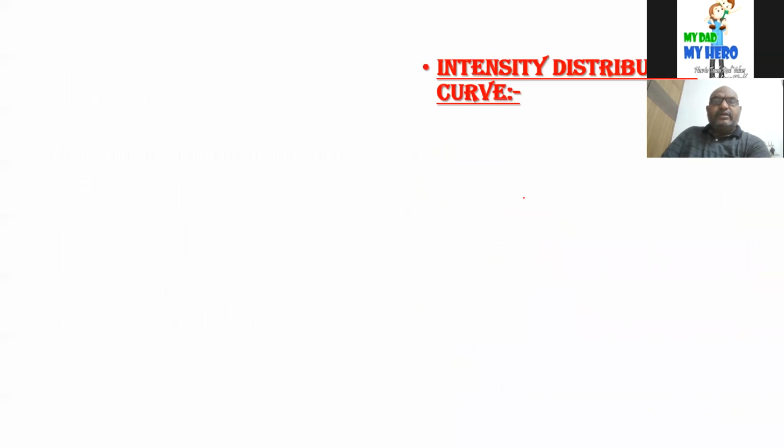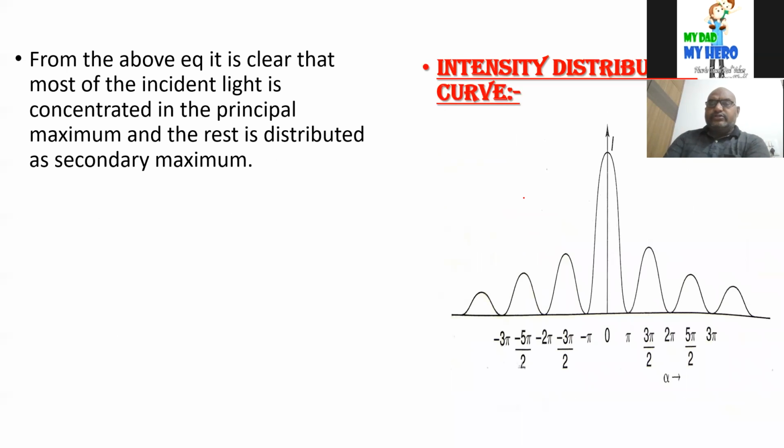So this is called the intensity distribution curve. At 0, pi, the curve touches the ground level; those are the minimum intensity positions. And this is the first secondary maxima, second secondary maxima, third secondary maxima.